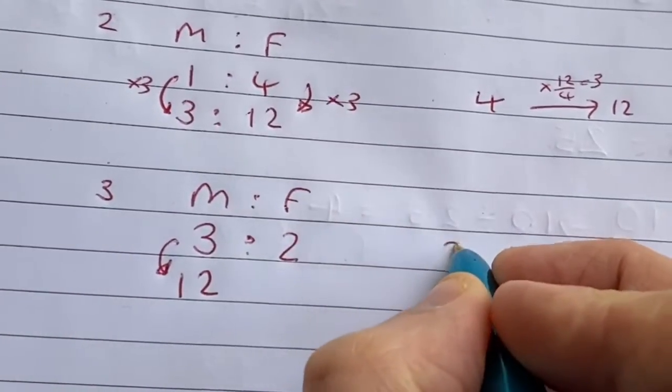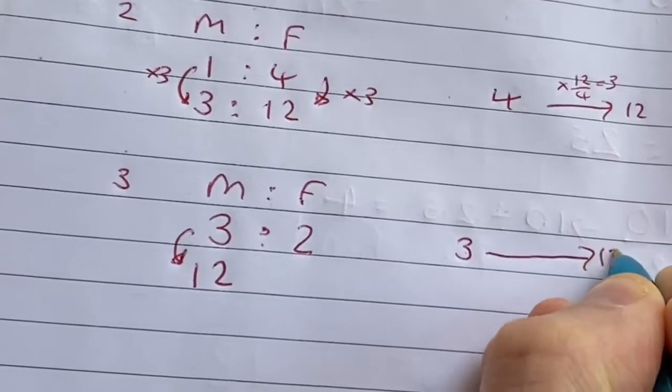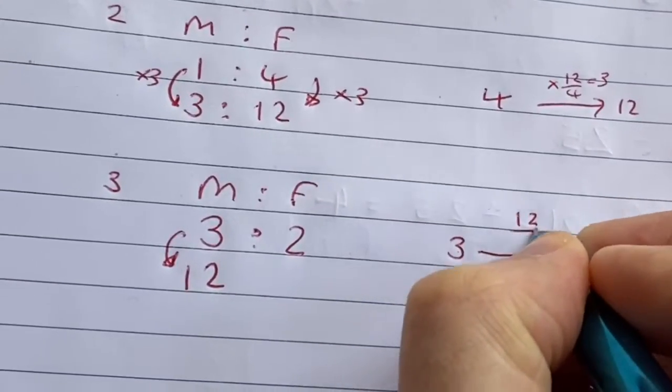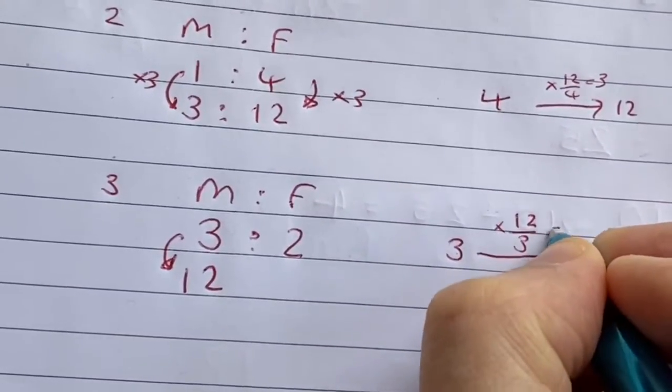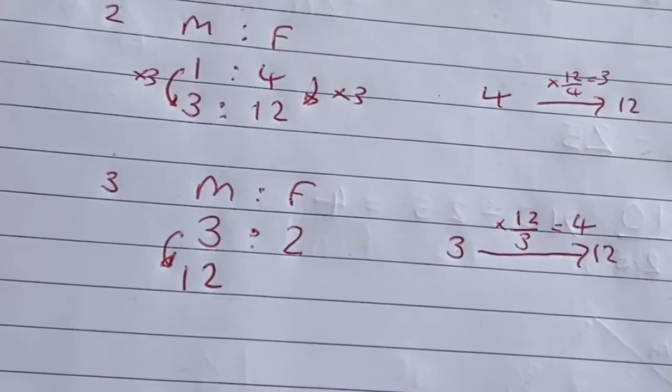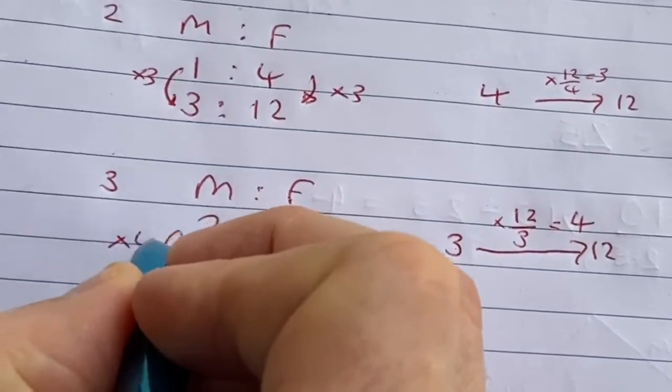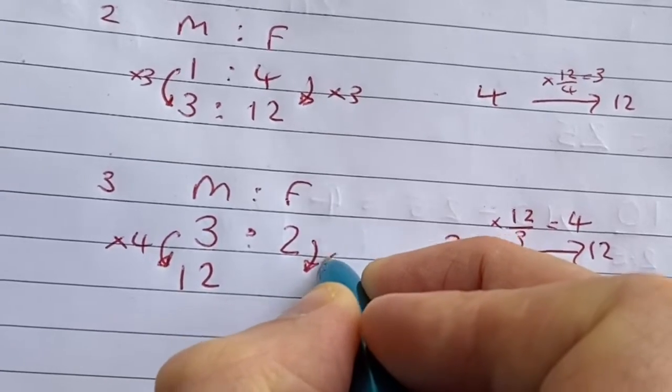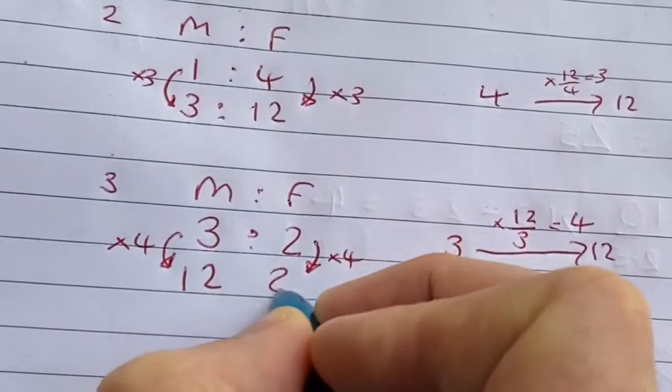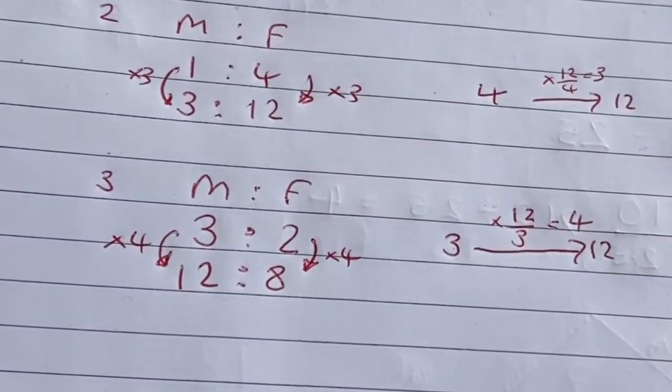So what have I had to times 3 by to get to 12? Well, I've times it by 12 divided by 3, which is 4. So I need to do this by 4. So 2 times 4 is 8. So it's 12 to 8. There are 8 females in that group.